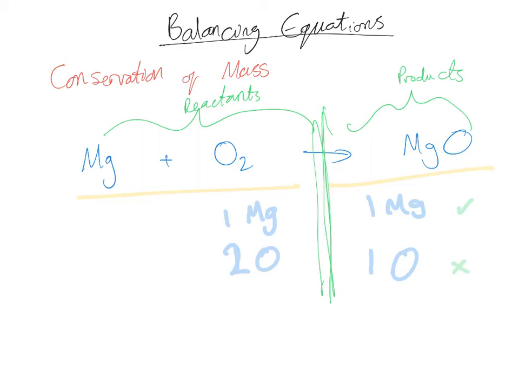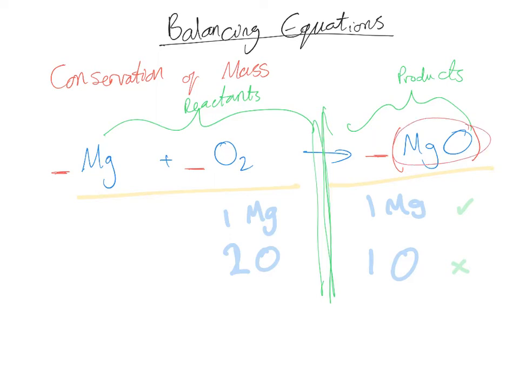If I add a big number at the front, I can change the number of atoms. The way the big numbers work is it times the whole compound by that number. Whatever number I put at the front, I have that many lots of magnesium oxide.